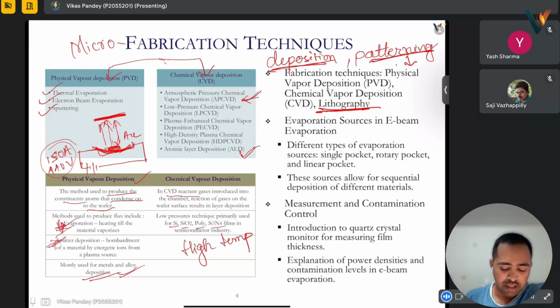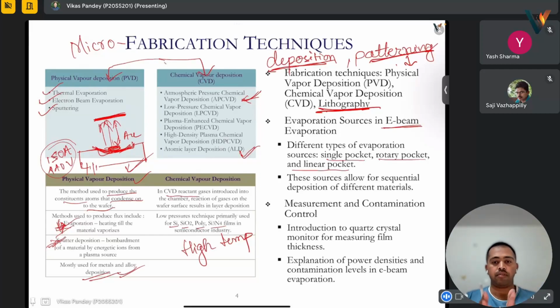Evaporation source can be one through current, high current. The second option that is a better way is using electron beam. So it is e-beam evaporation or electron beam evaporation. They have different types of evaporation sources, like you must have seen in the lecture, that is having single pocket, rotary pocket, or a linear pocket.